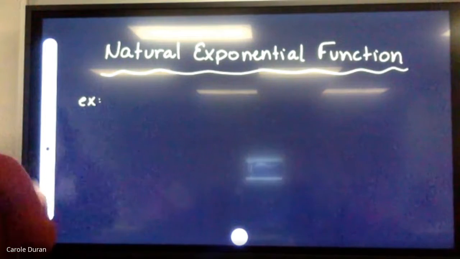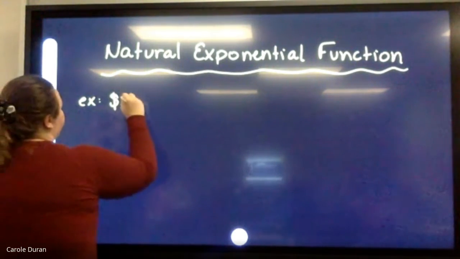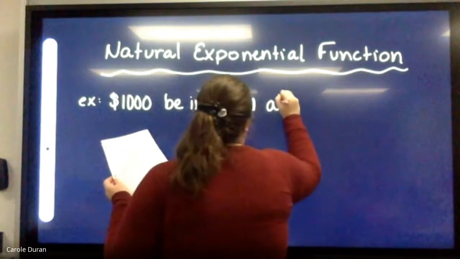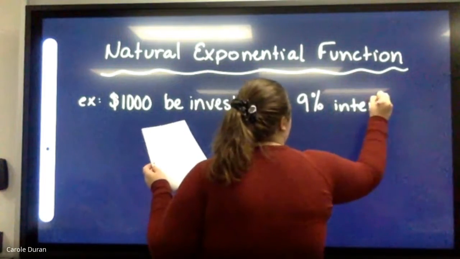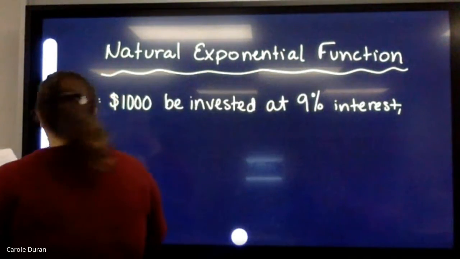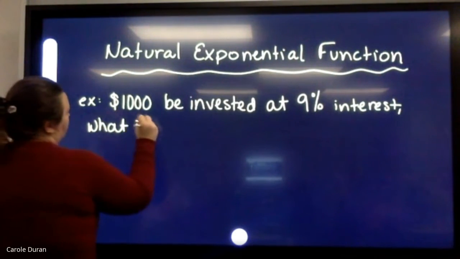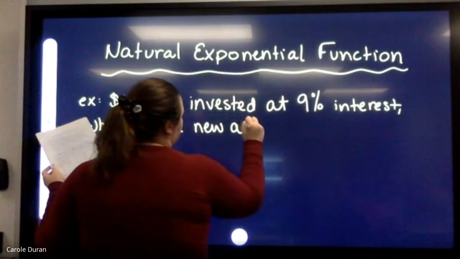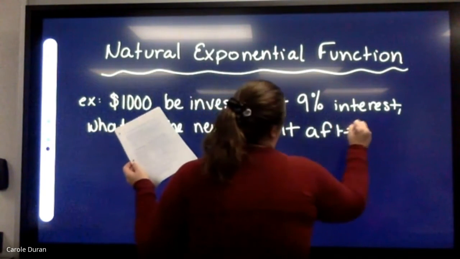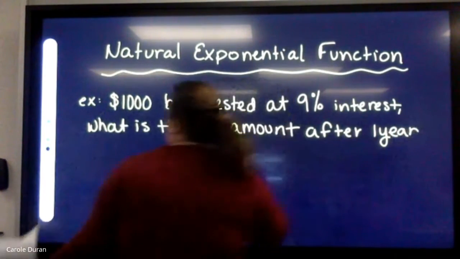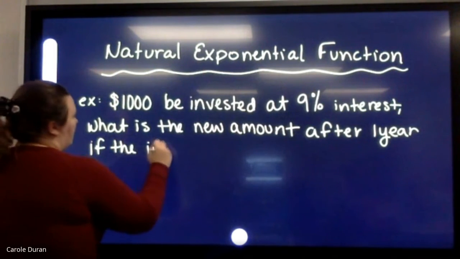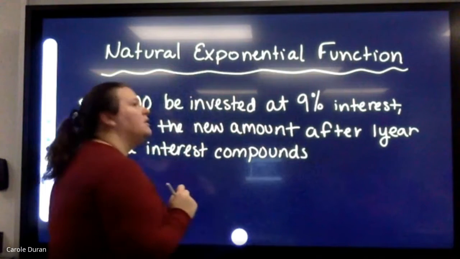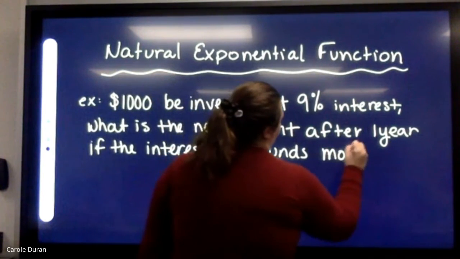So let's say that I have $1,000 being invested into an account at 9% interest, and I would like to know what is the new amount in the account after 1 year, if the interest compounds, I don't know, let's say monthly. Start there.